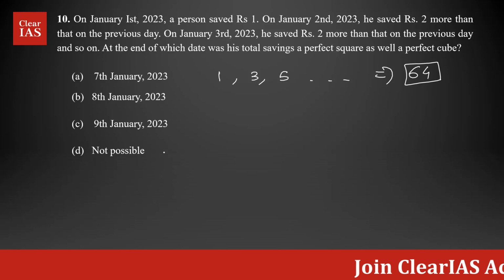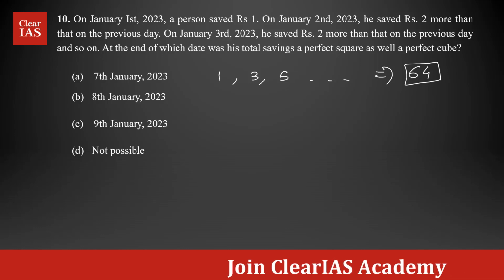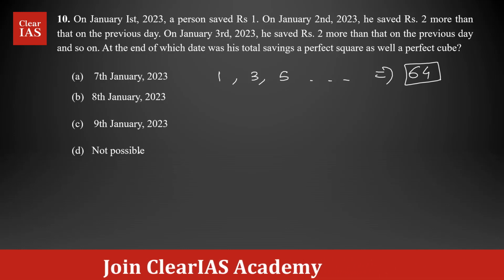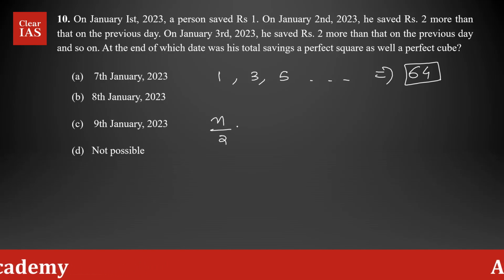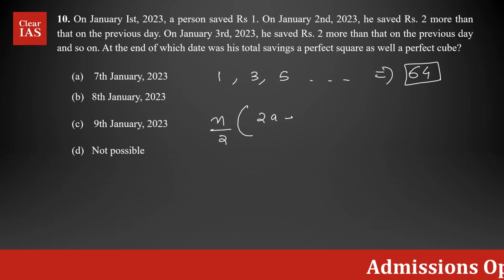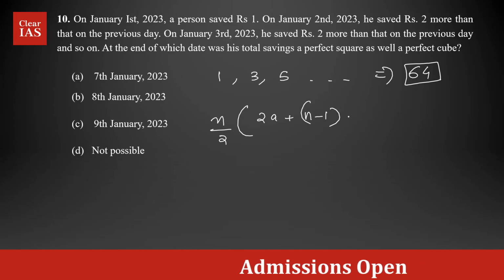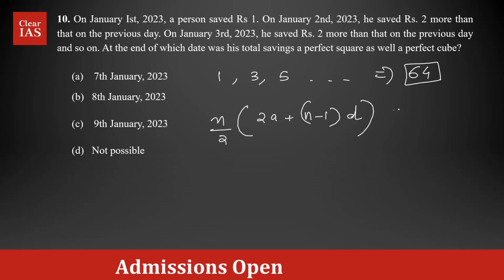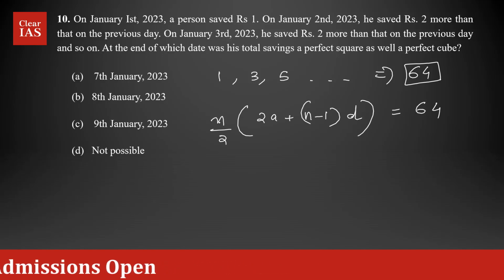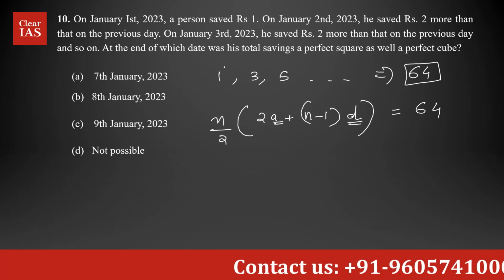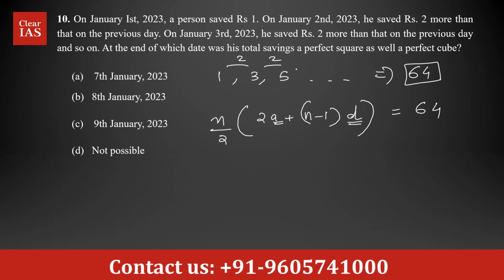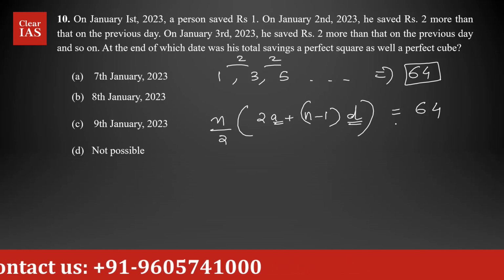The sum of n terms in an arithmetic series is n by 2 times 2a plus n minus 1 times d, which is equal to 64. Here n is the number of terms, a is the first term, and d is the common difference, which is 2.